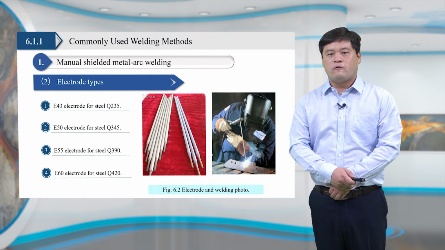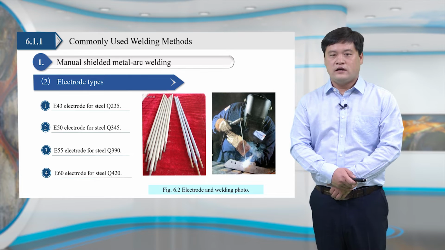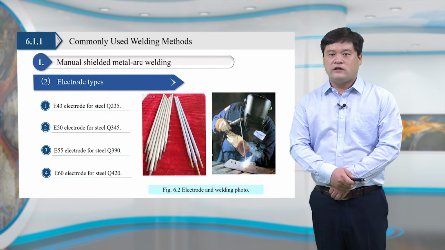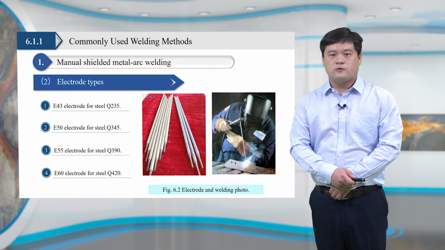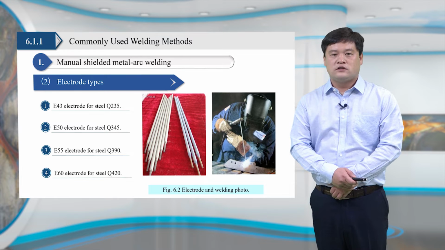There are four types of commonly used electrodes in China, including E43, E50, E55, and E60. The letter E represents electrode, and the following number represents the minimum tensile strength of weld metal, whose unit is Newton per millimeter square. For example, E43 represents that the tensile strength of weld metal is 430 Newton per millimeter square.